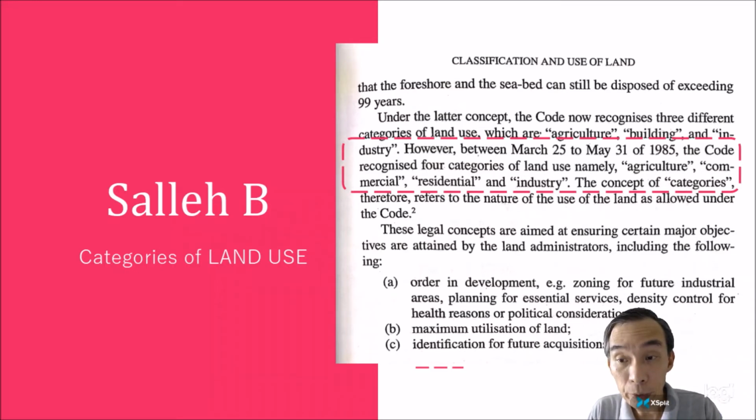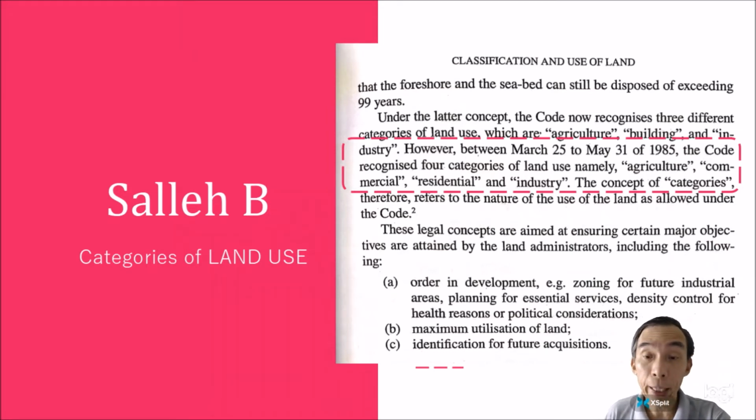So this must be residential. If your land title says building, but there is no condition mentioned that it is for dwelling house or for kediaman, then it can be commercial. When it can be commercial, then it is taxable under the part that is not exempted. So this is how it is applied in the real life scenario.